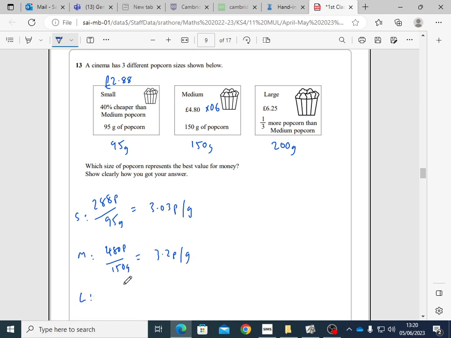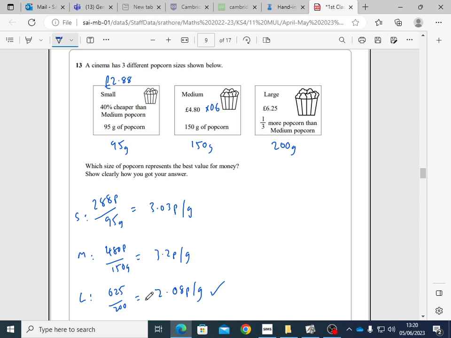The large one's got to be 625 divided by 200. And I'm going to get 2.08 pence per gram. So which one is the best buy here, lads? Large is the best buy. It's the cheapest by miles. 2p a gram.